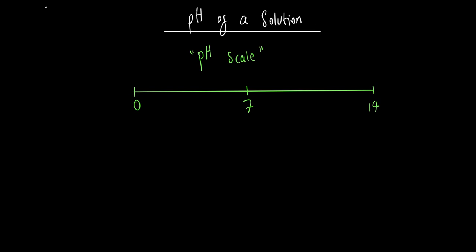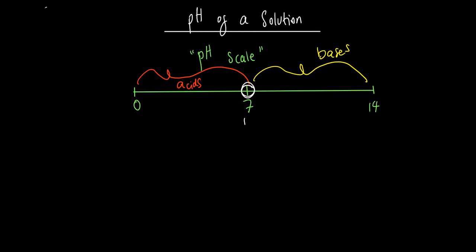Great. So it means you have some sort of idea that a pH scale tells us that between 0 and 7, these are acids. And then between 7 and 14, these are bases. But at 7 straight away, we say that substance will be neutral.